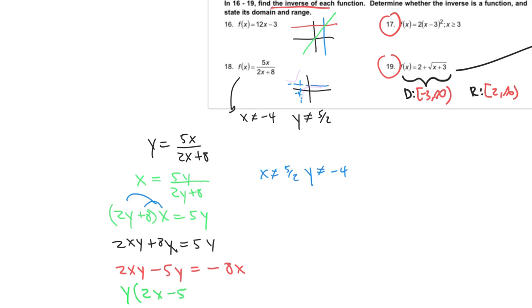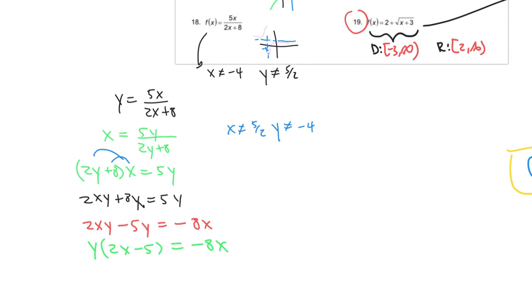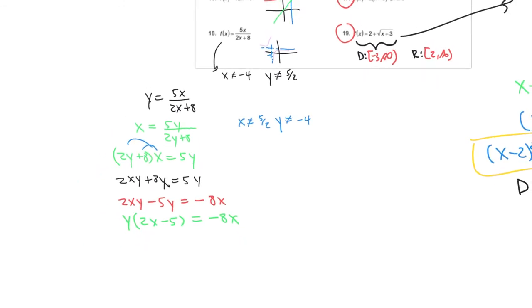And we would have this. And at that point, what could we do? Well, we could divide both sides by the blue parentheses, and that would leave us with y equals negative 8x all over 2x minus 5.